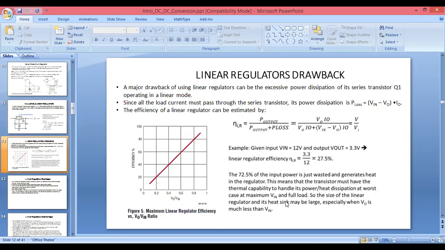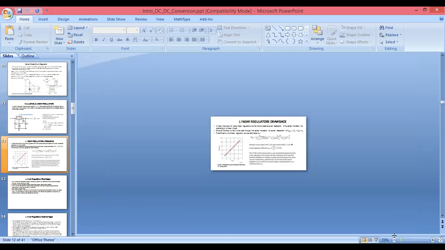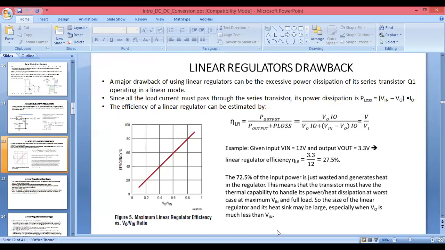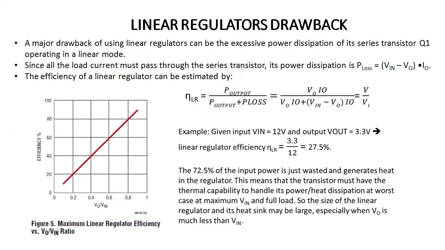Now, we are supposed to study the drawbacks of the linear voltage regulator. Here, a major drawback of using linear regulators. Linear means what? Series, shunt, Zener diode voltage regulator, linear variable voltage regulator, all these.